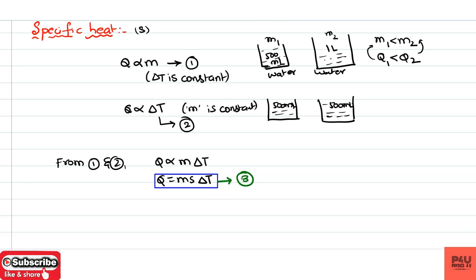So how to find the quantity of heat supplied? Quantity of heat supplied is equal to Ms delta T, where S is called specific heat.